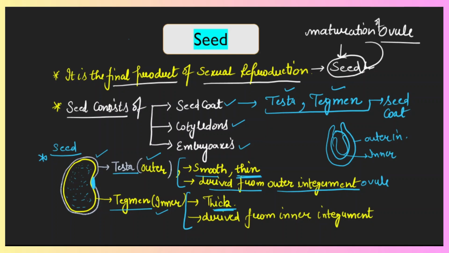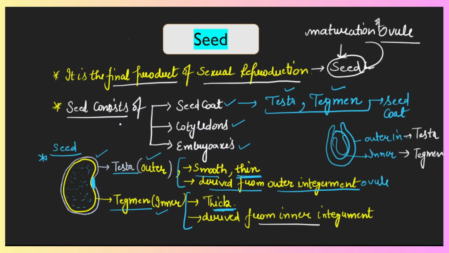So the testa is derived from the outer integument and the tegmen is derived from the inner integument of the ovule. The difference between the testa and tegmen is very important, so make sure you note it down carefully.